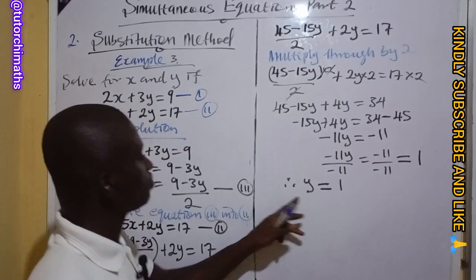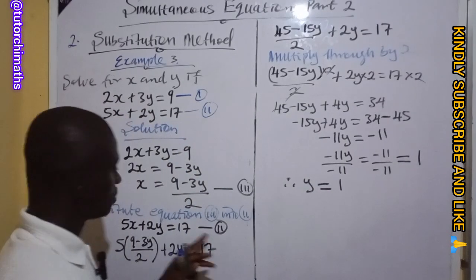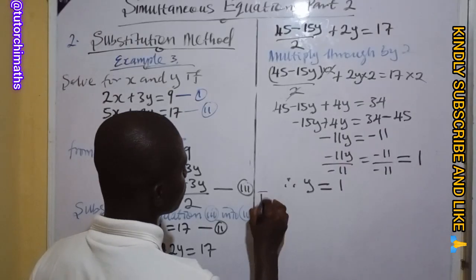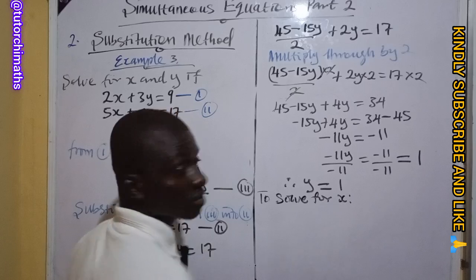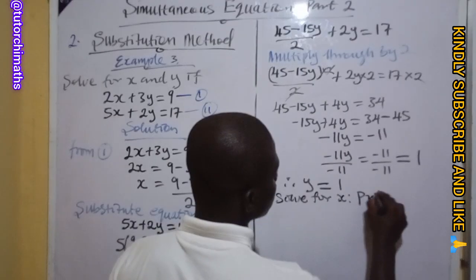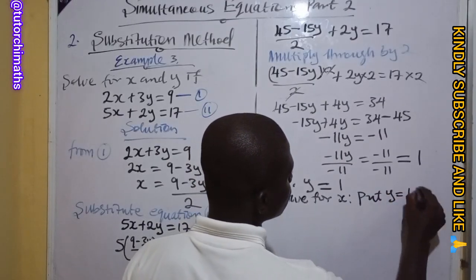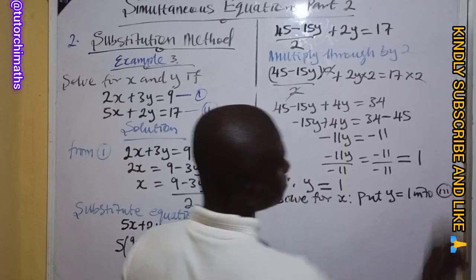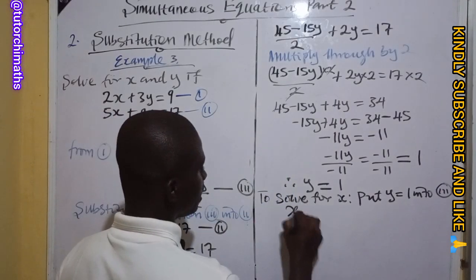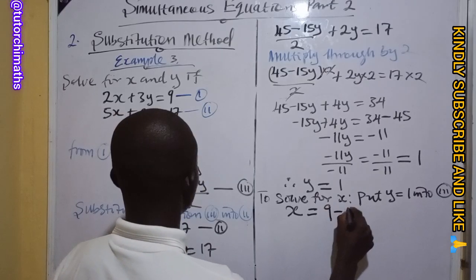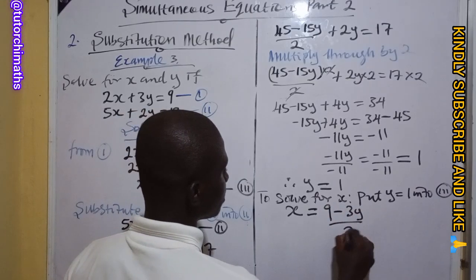Good. We are going to put y as 1 into equation 3 to solve for x. So this is our equation 3 here, where we have x is equal to 9 minus 3y divided by 2.